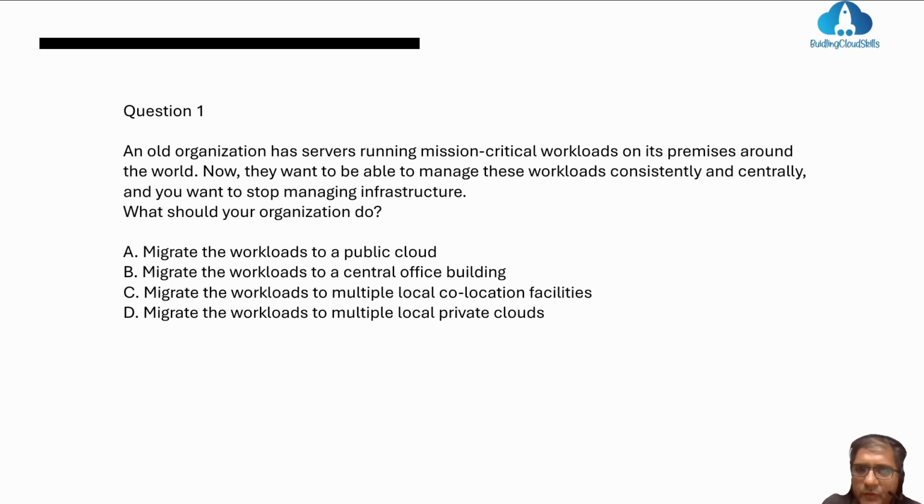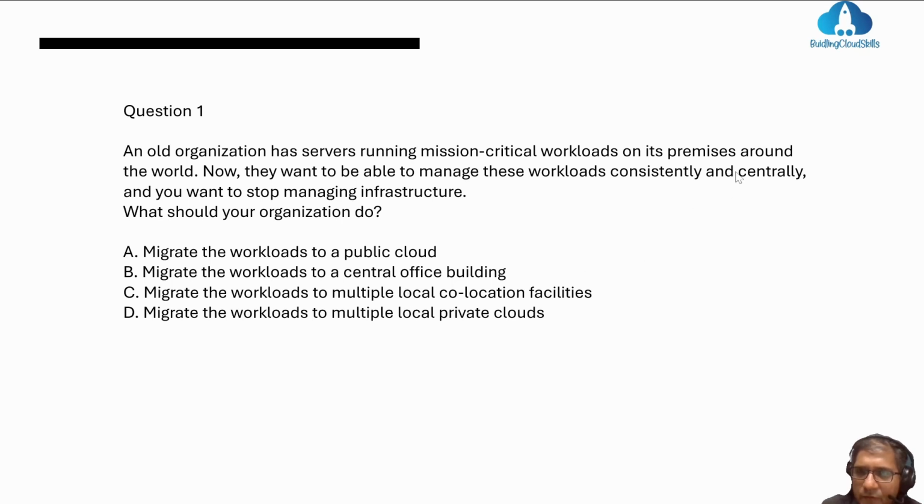Now, if you observe the question, we are talking about making sure that we don't want to manage the infrastructure. If you move centrally to an office building, you're still managing the infrastructure. So is the case with local co-location facilities. These are like rented spaces where you can run your servers. Either way you are managing the infrastructure.